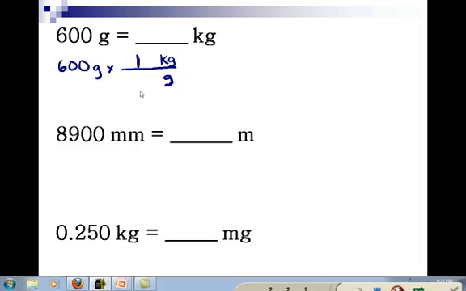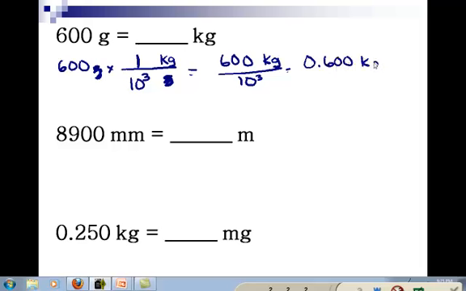Kilo is larger. How many spaces are between kilo and gram? There are 3. Go back to your paper and look at it. So this becomes 600. My grams cancel out. 600 kilograms divided by 10 to the third. If I divide 600 by 1,000, it becomes 0.600 kilograms.